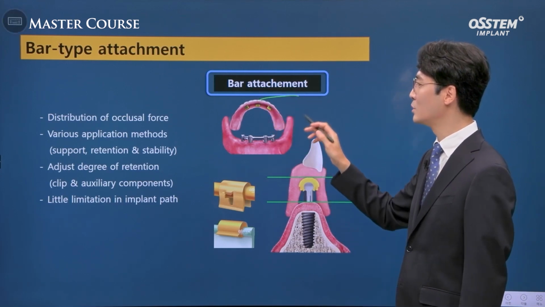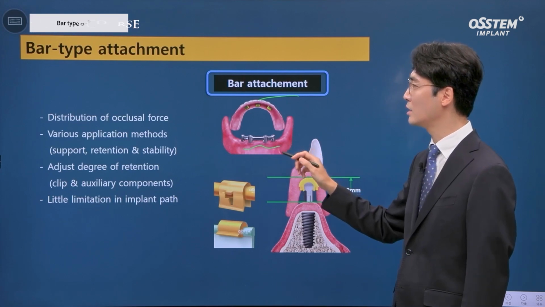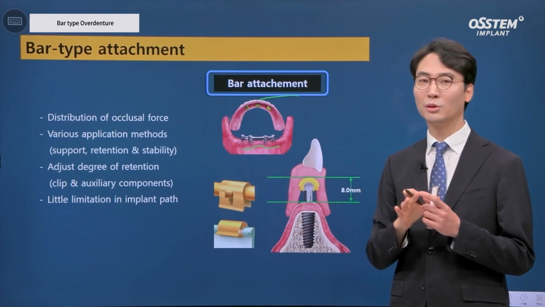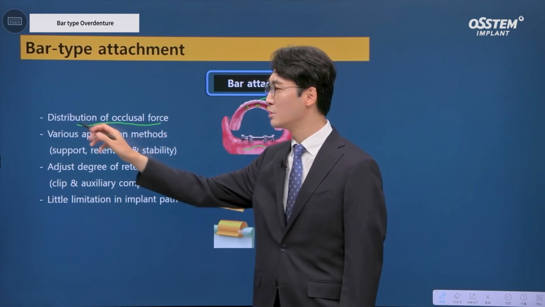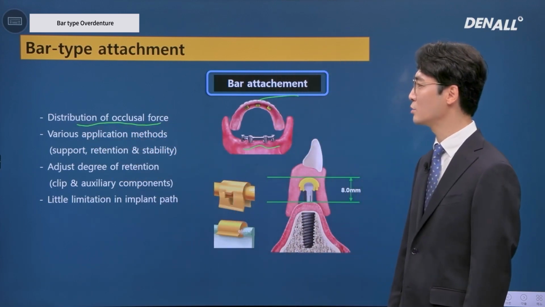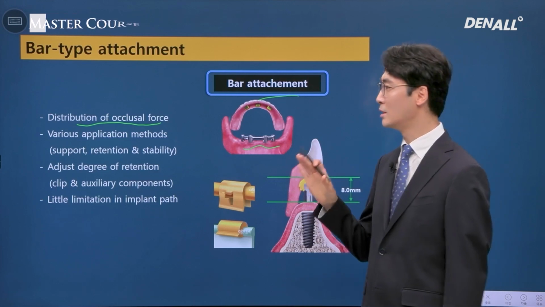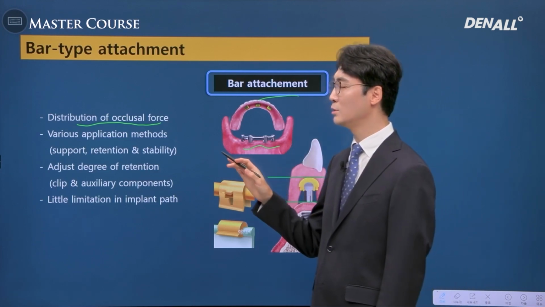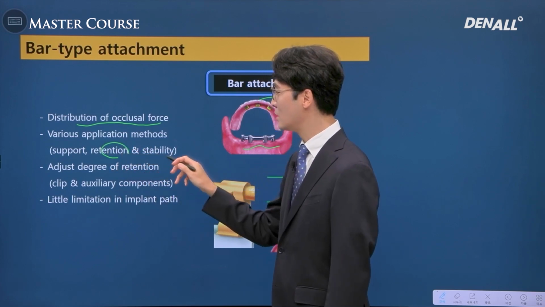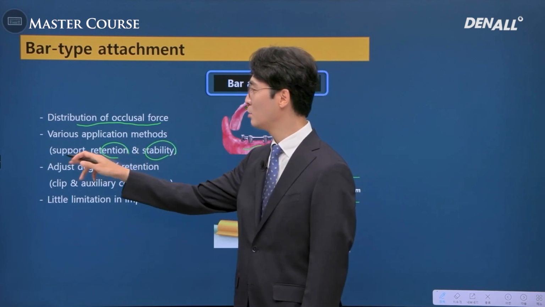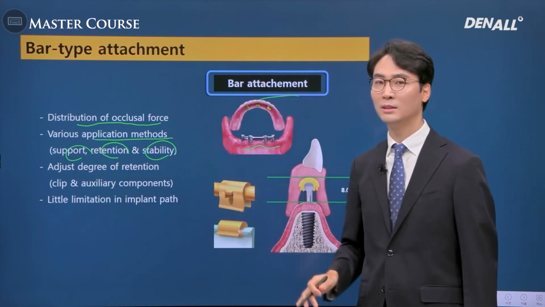If you use bar type, because multiple implants are connected, it can be more favorable in terms of distribution of occlusal force. Also, unlike solitary type overdenture, which just uses resilient attachment, you can get various options to enhance support, retention, and stability.